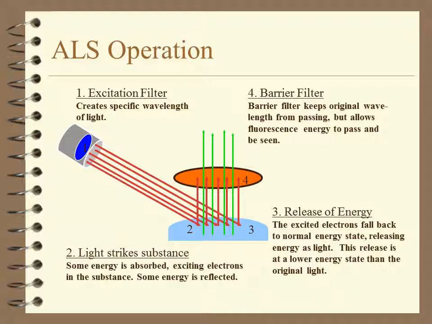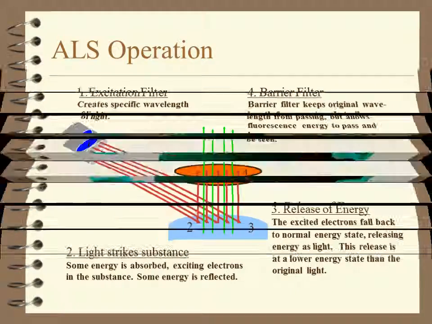And the barrier goggles will allow some colors of light to pass and others will be blocked. The idea of which is to block out the reflected energy and allow only the original wavelength energy to pass. So that way you don't get as much surface reflection interfering with your image.